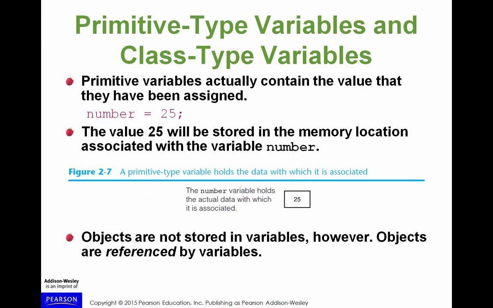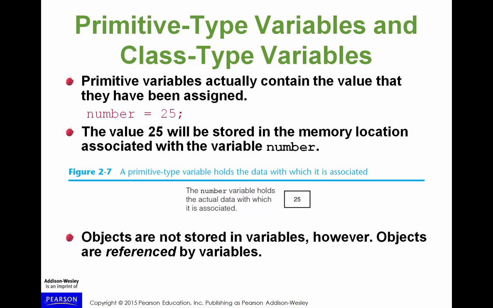Now here's a fine point that's very important in understanding computers. We include it here because this is a beginning class, but you should really understand how things are going on behind the scenes a little bit. We talked about storing, and we talked about the space that variables take up in memory just a little bit in class. Primitive variables actually contain the value that has been assigned into them.